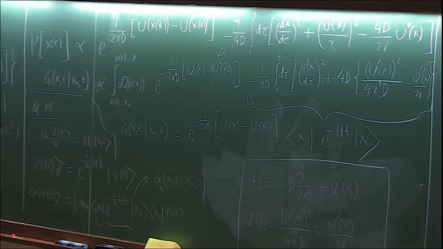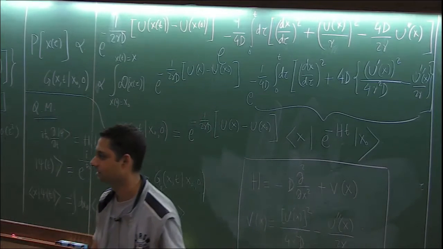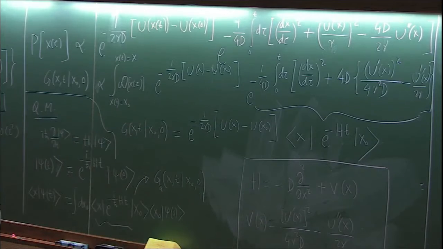So you could have taken alpha and beta here with alpha plus beta equal to 1, and then you'd have got alpha here.